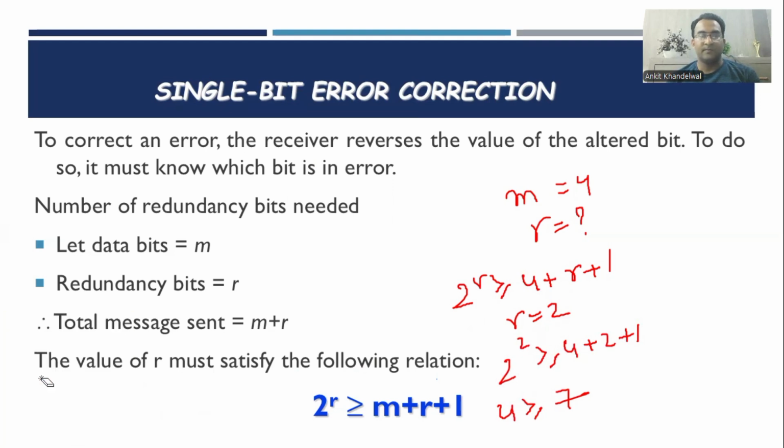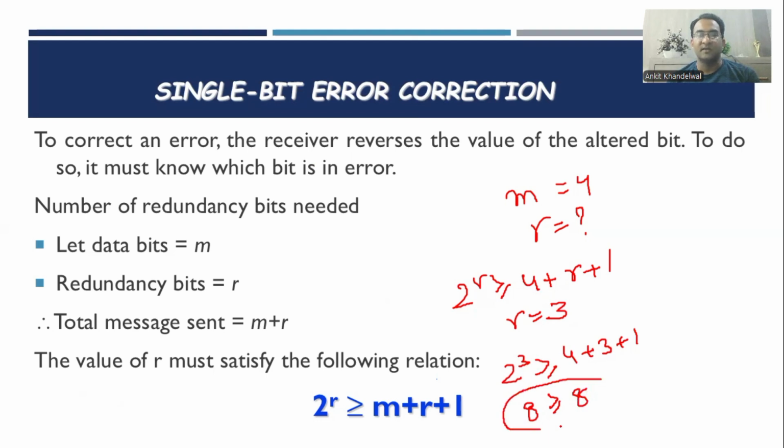Now we will see whether the value of r equals to 3 is satisfied or not. The value of r equals to 3 will give us 2 to the power 3 greater than or equal to 4 plus 3 plus 1. So that comes out to be 8 greater than or equal to 8.